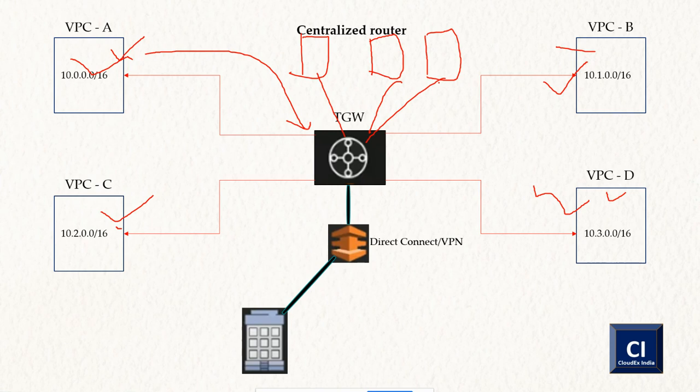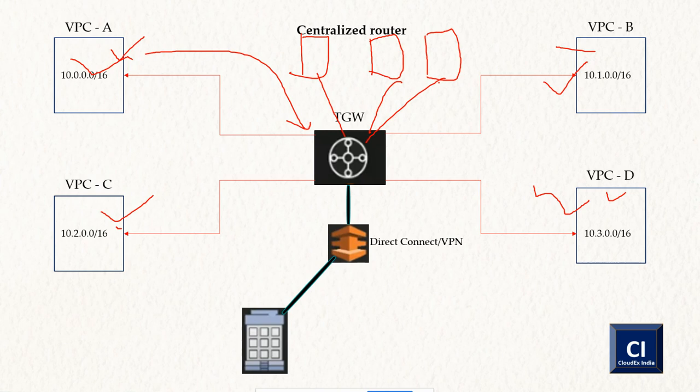But in VPC peering, when you increase the number of VPCs, it increases the number of connections at the same time, which becomes very complex to maintain and troubleshoot. But here it's quite easy, quite simple to configure and manage the environment.